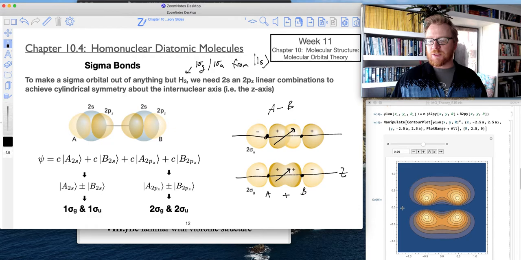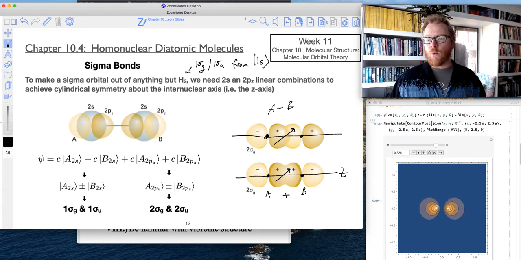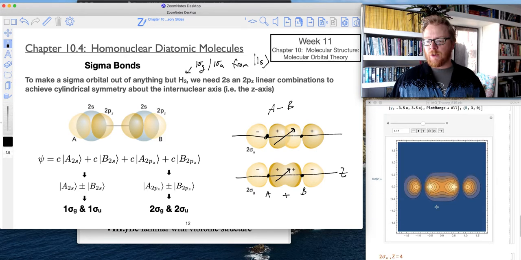And what's important to note with these pi bonds, right, they're off axis. You can see there's this node in the internuclear region. All the same, there is still going to be some overlap with this pi bond and with this 2 sigma bond, right?